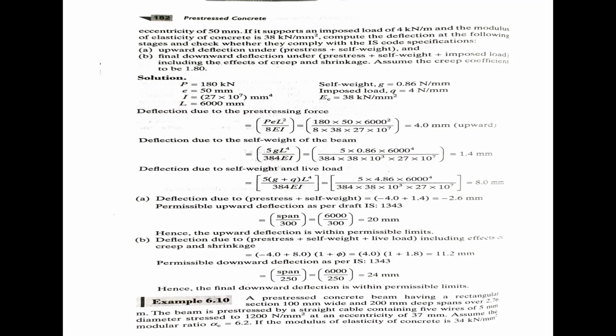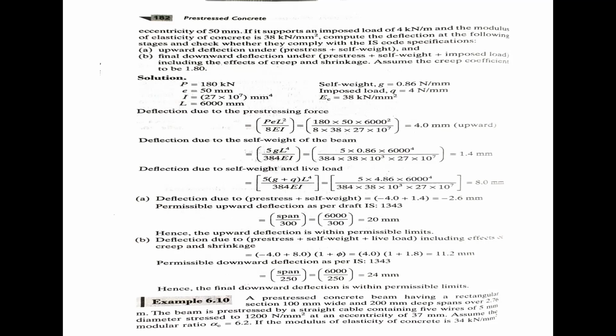Now we go to deflection due to prestress plus self weight plus live load, including creep and shrinkage: minus 4.0 plus 8.1 plus 5, that equals 11.2 mm. Permissible downward deflection as per the Indian standard, with creep and shrinkage, is span by 250, 6000 by 250, 24 mm. Hence, the final downward deflection is within the permissible limits.